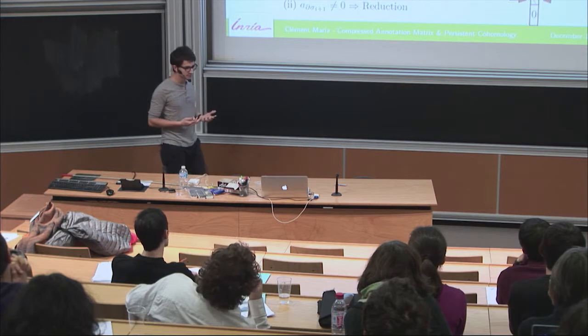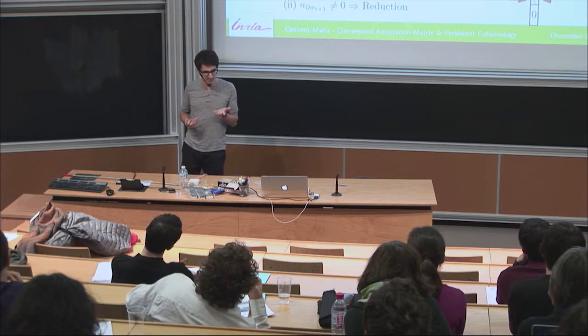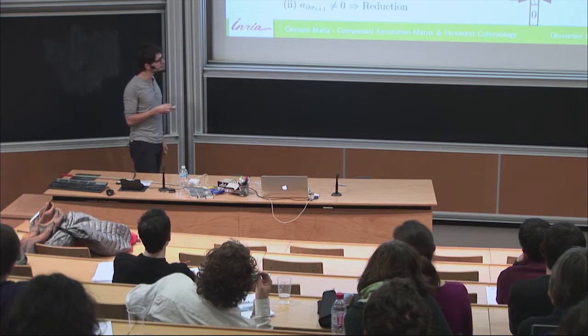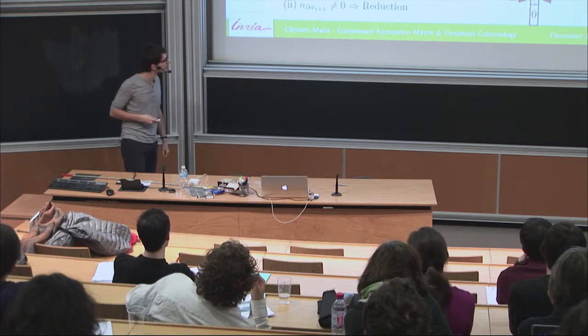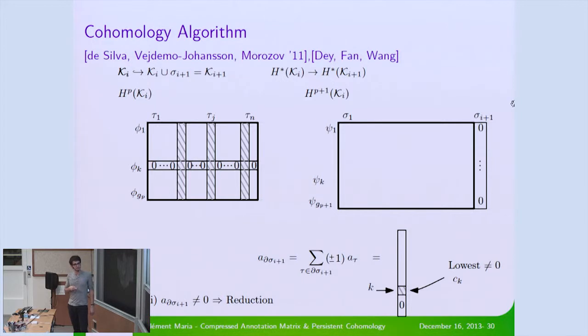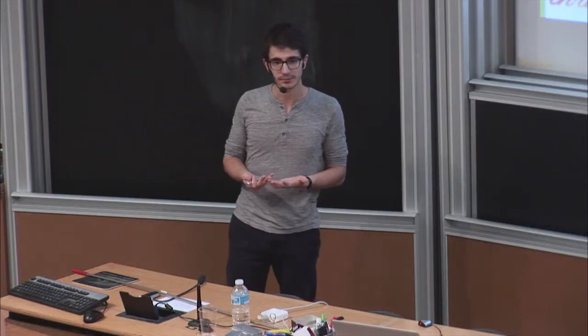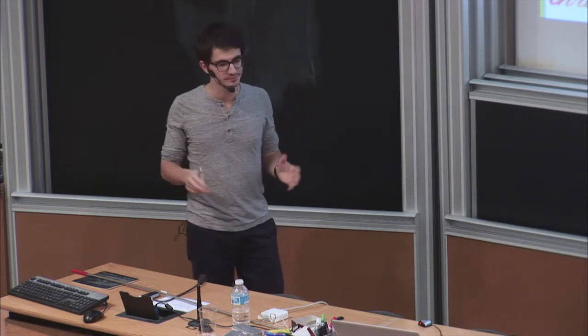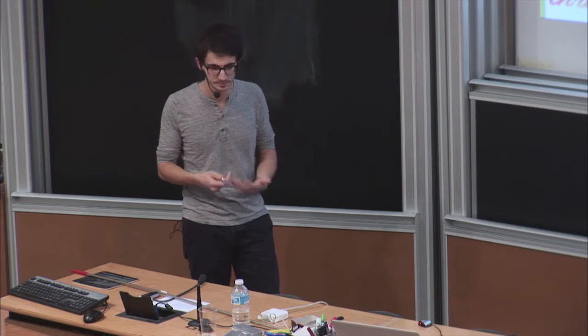If my annotation vector is non-zero, then I have a lowest non-zero value here at the index k, which means that my new simplex sigma i+1 is destroying something. It's like putting the last triangle to fill a hole, so you destroy a homology feature.